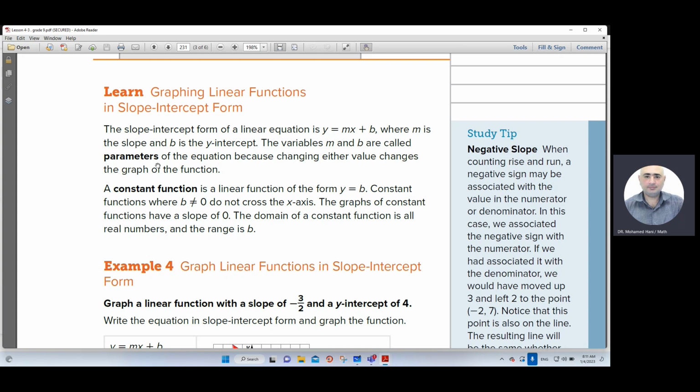So if you see in a question, find the parameters, it means find the value of m and the value of b. Okay, so I want from all of you, under the title, write the definition of the parameters. The variables m and b are called parameters.